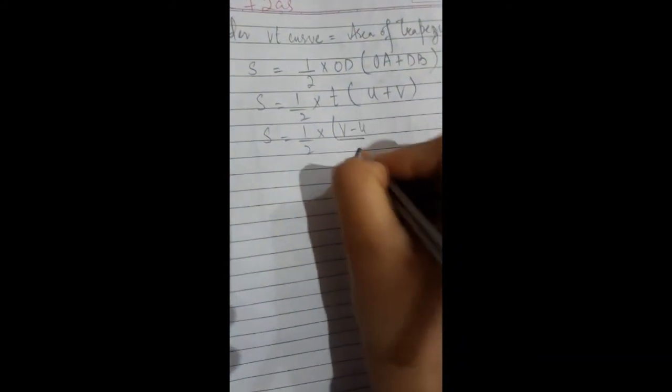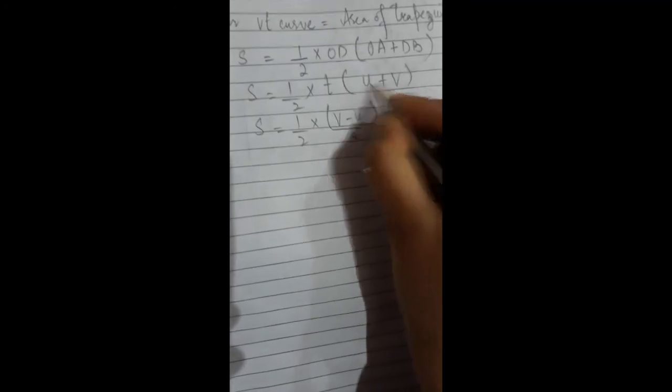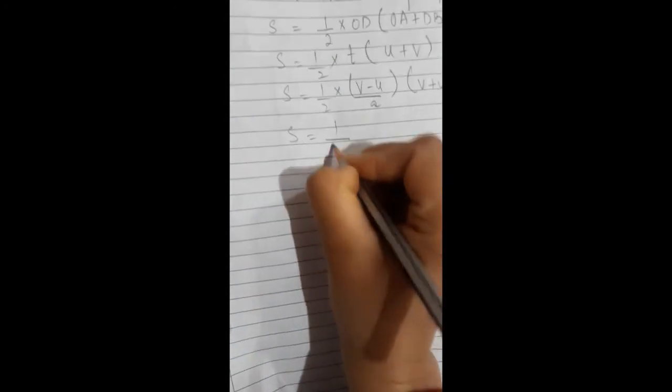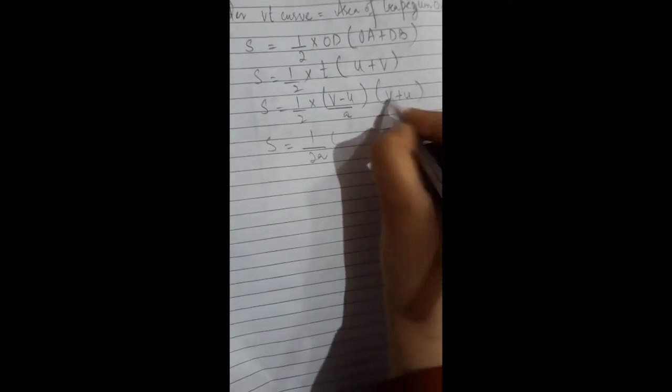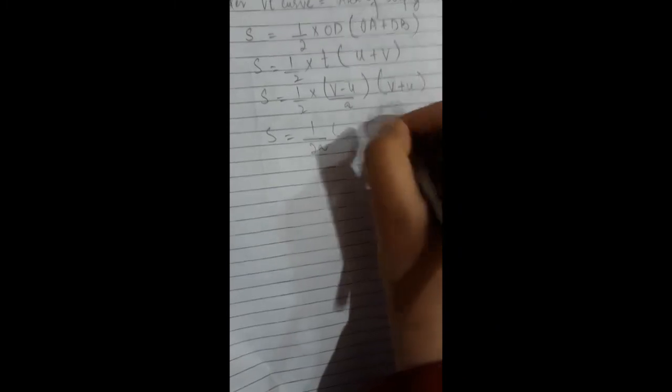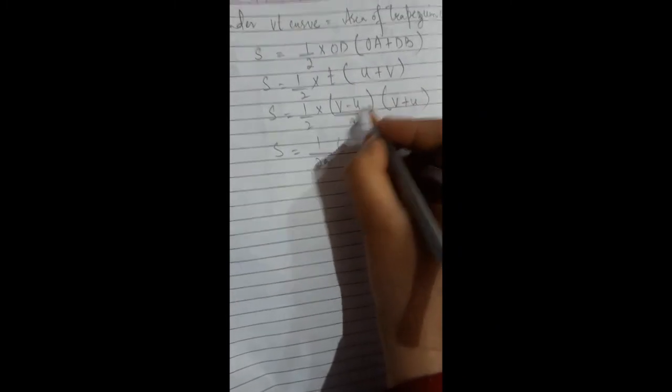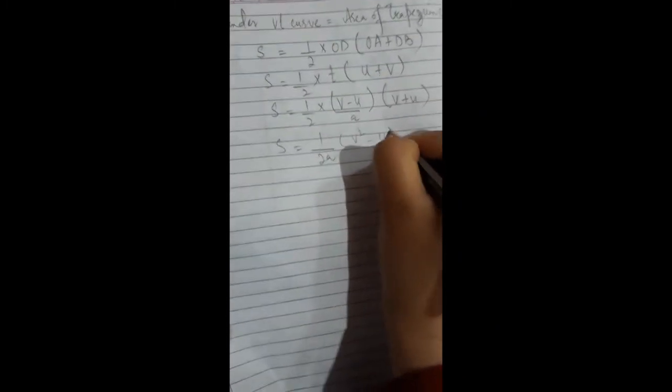So substitute this value of T here, V minus U divided by A. You can write it V plus U. This is the A minus B, A plus B identity, so it is equal to A square minus B square. It means V square minus U square.